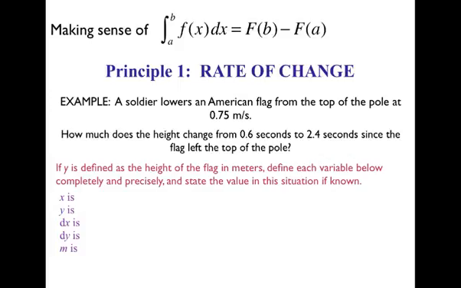Now what I'm going to tell you here is that y is the height of the flag above the ground, in meters. So, quick, can you get expressions for x, dx, dy, and m? Or written statements that define x, dx, dy, and m.